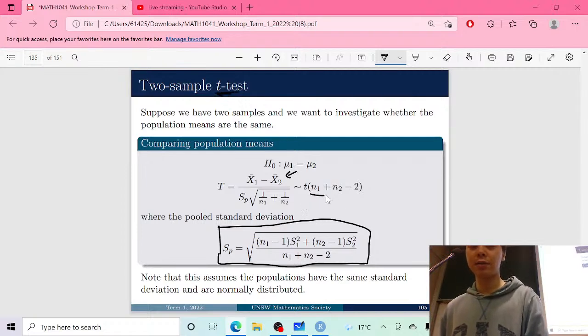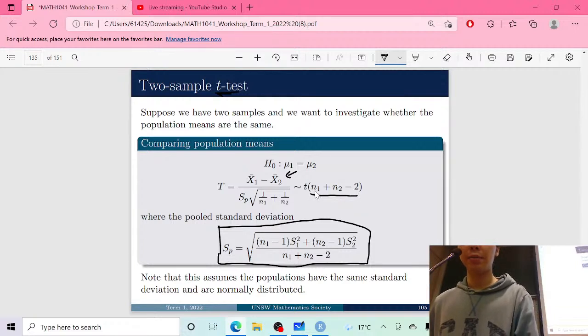So the degree of freedom is going to be n1 minus 1. Remember that in the one sample case, our t-distribution was something like t of n minus 1.